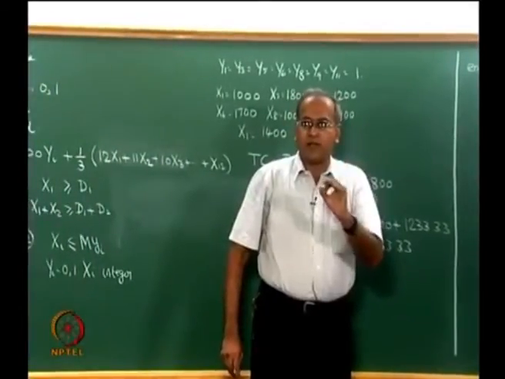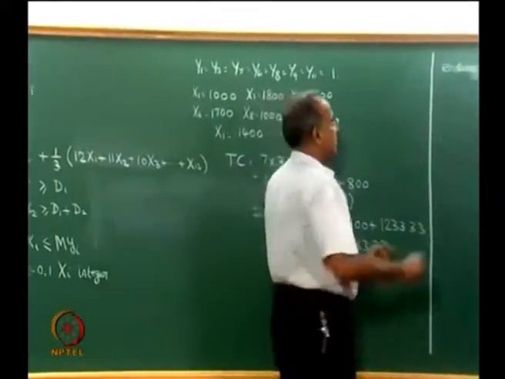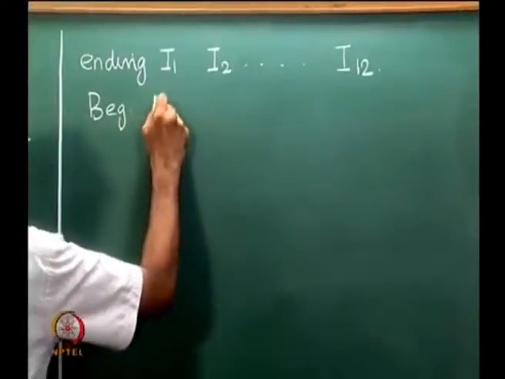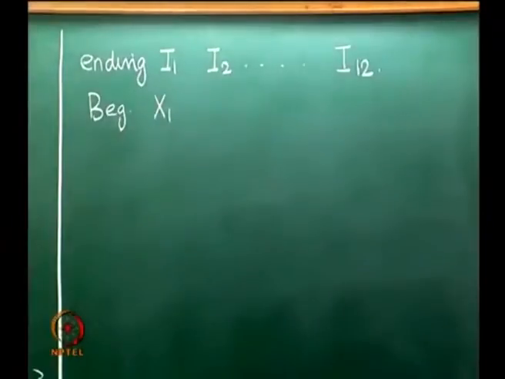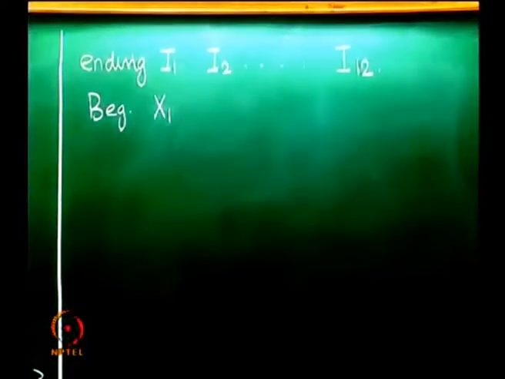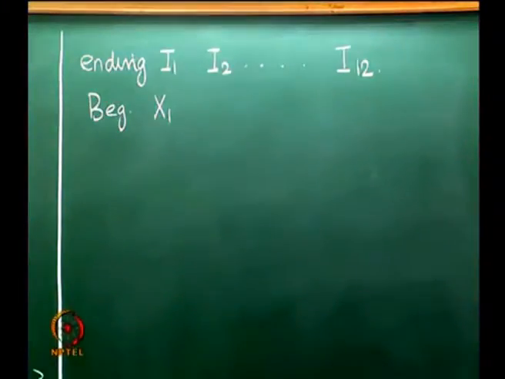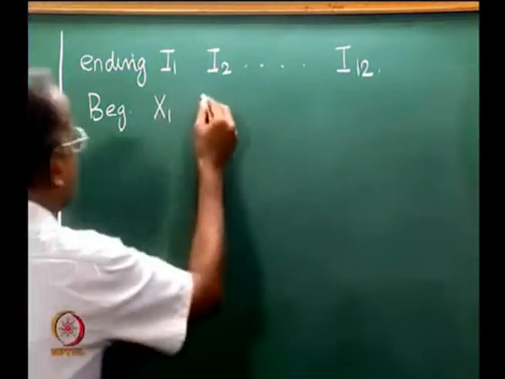So the order quantity is x1. So beginning inventory will be 0 plus x1, which is x1 in the first period. Now at the end of the period, the ending inventory at the end of period 1 is I1. Now we order x2 in the beginning of period 2. So beginning inventory will be I1 plus x2.